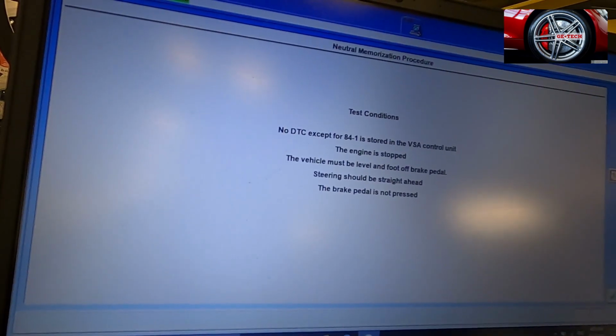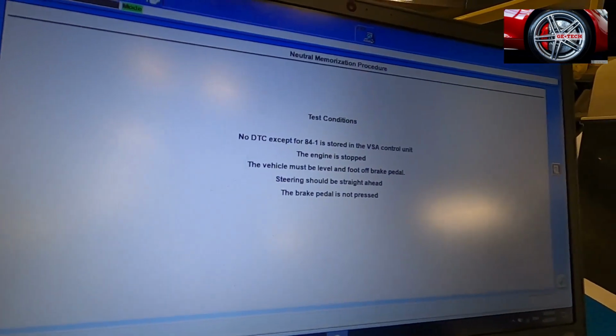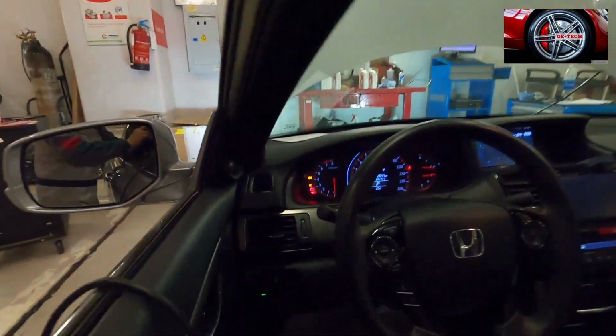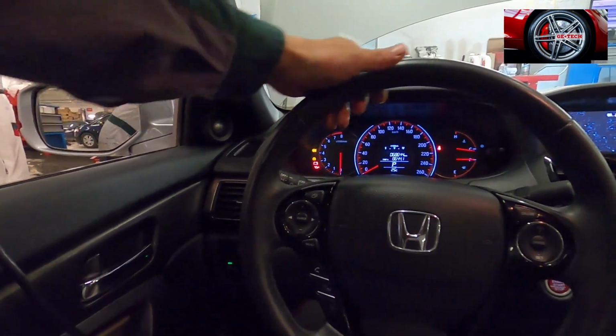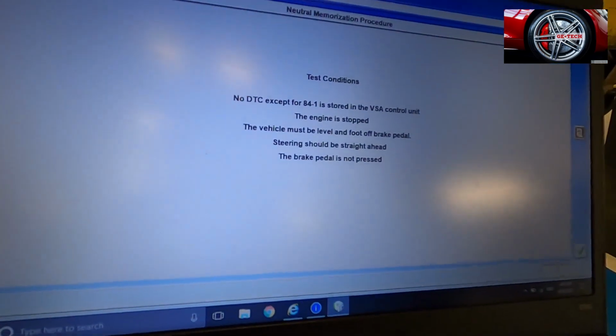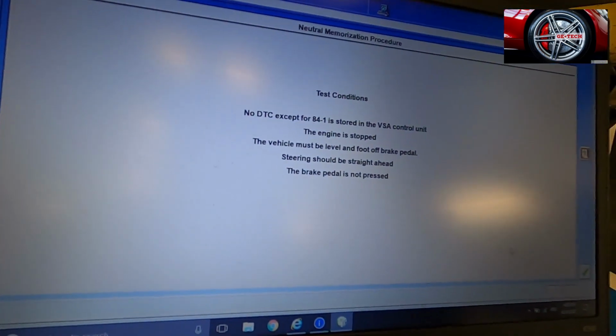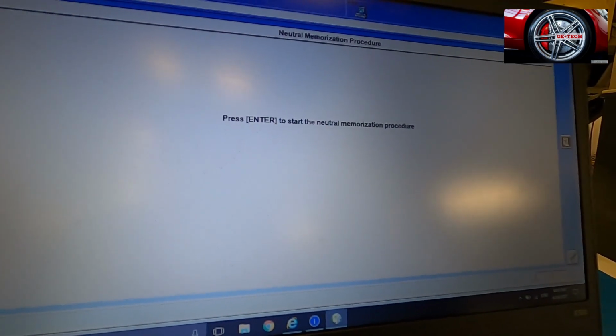Okay. Steering is straight ahead. Engine is stopped. Parking brake is off. Brake pedal is not pressed. Okay, here we go. Enter.